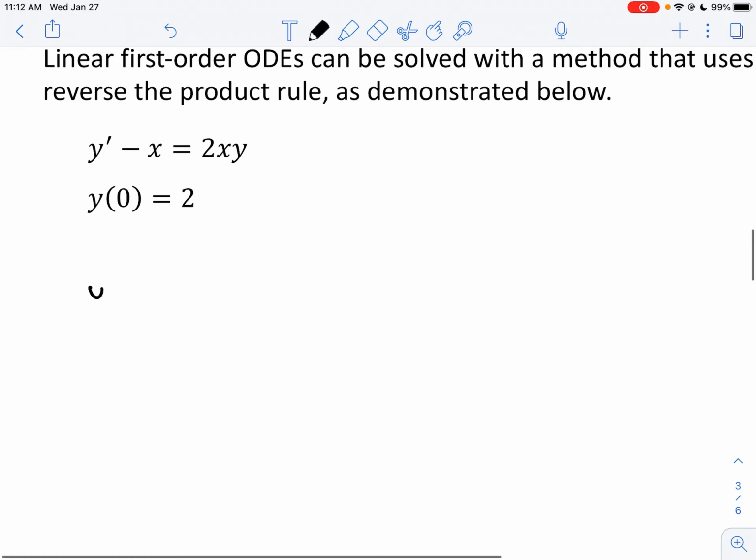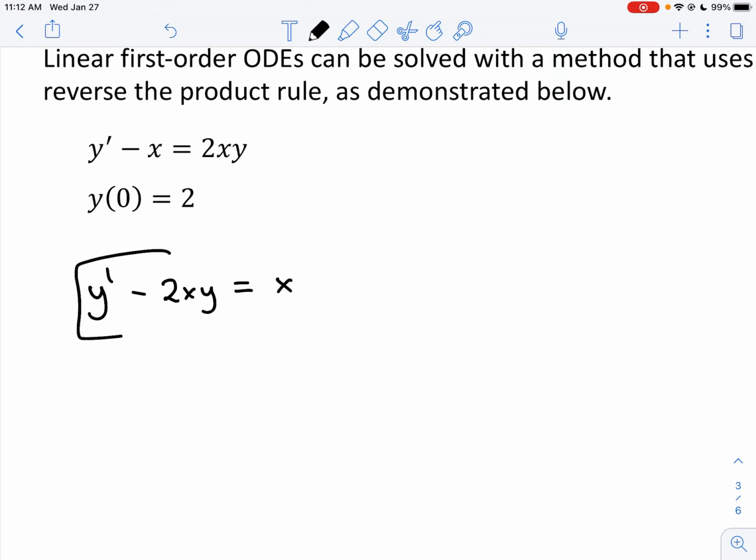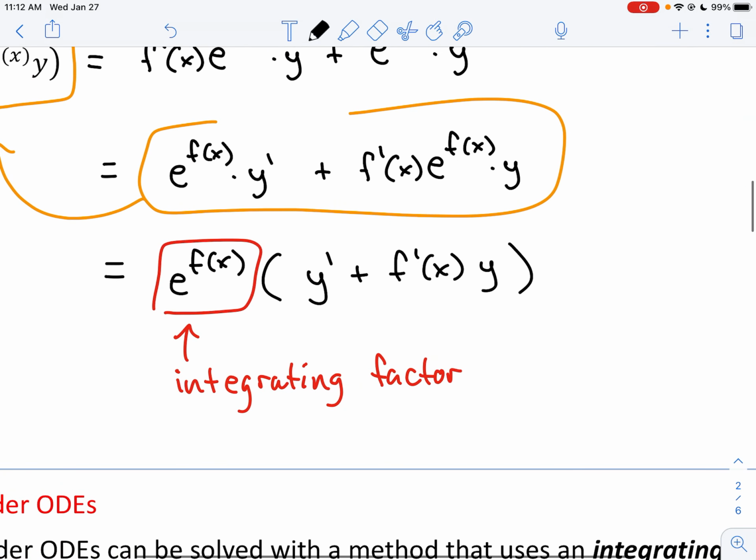So this winds up reading y prime minus 2xy is equal to x. So I want the y prime and the y on the same side so that I can begin to mimic this structure right here. So notice that the y prime and the y are together.